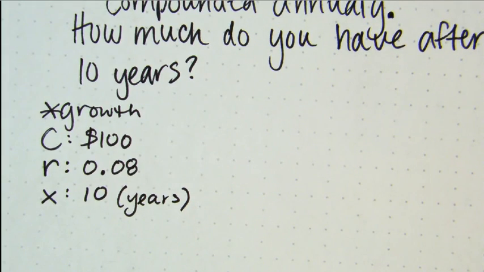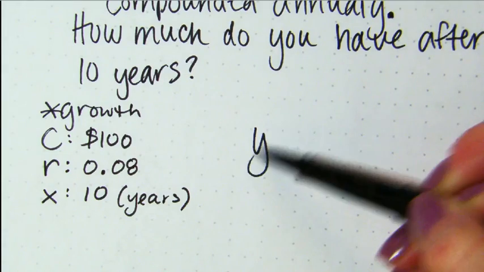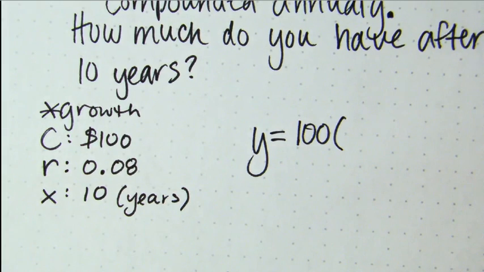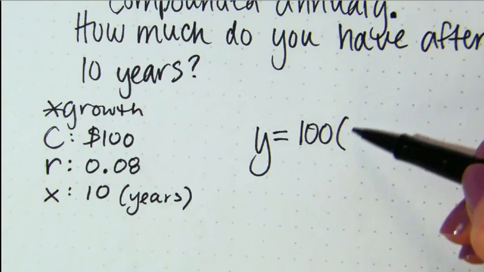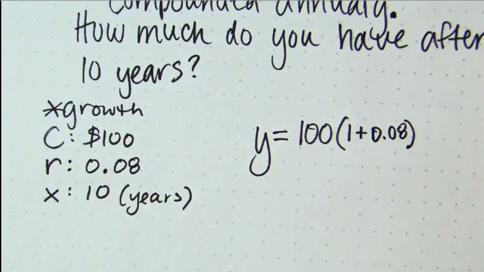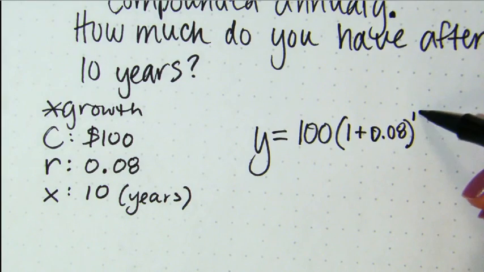Then all we do is take the information and plug it into the equation. So y equals our initial value. Now, the formula that we're going to use is for growth, so it's 1 plus r, to the 10th power.